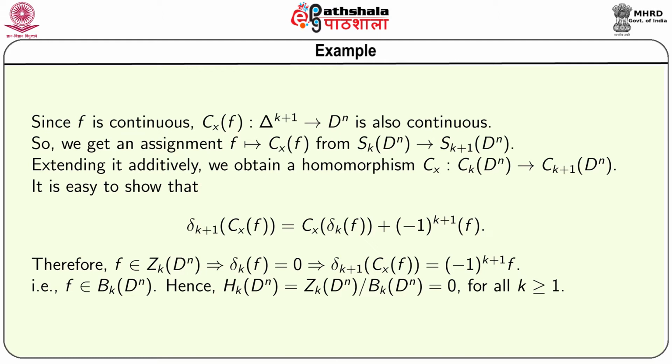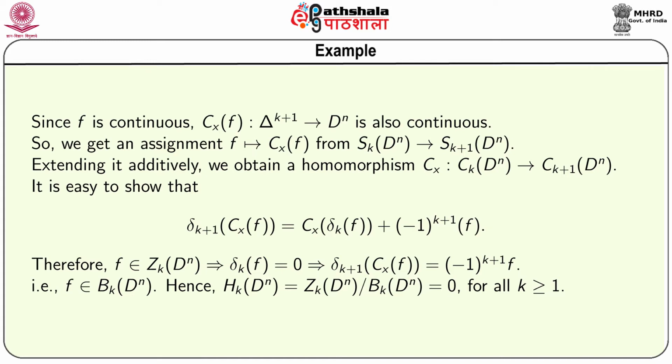So, we get an assignment f goes to Cxf, which defines a map from Ck(Dn) to Ck+1(Dn) by extending this assignment additively over Ck(Dn). And it can easily be seen that this function is a homomorphism.